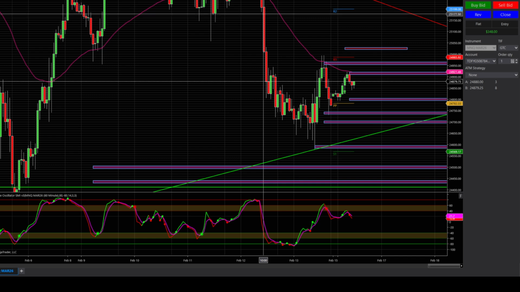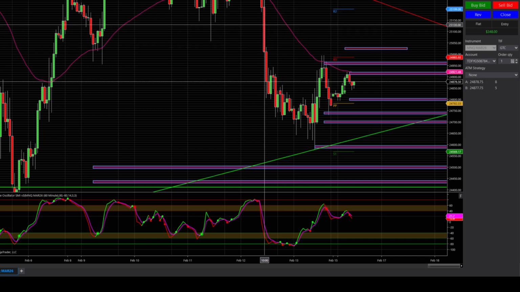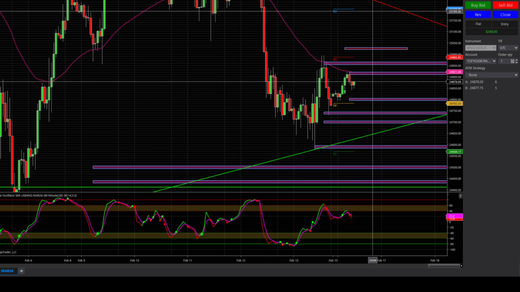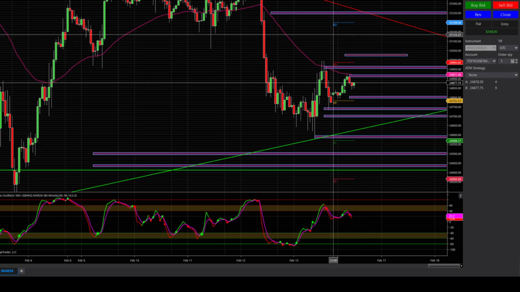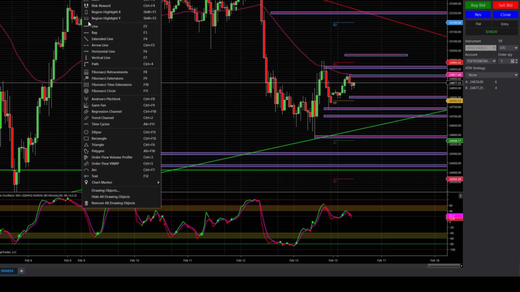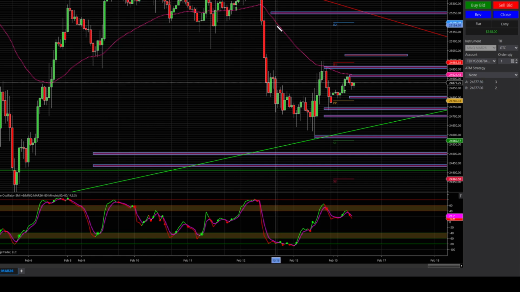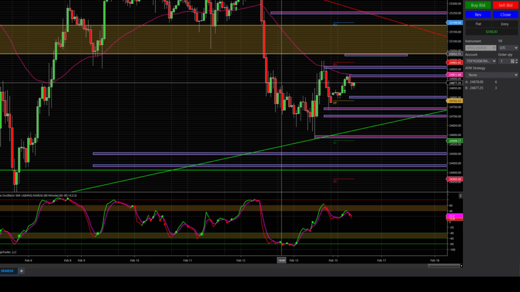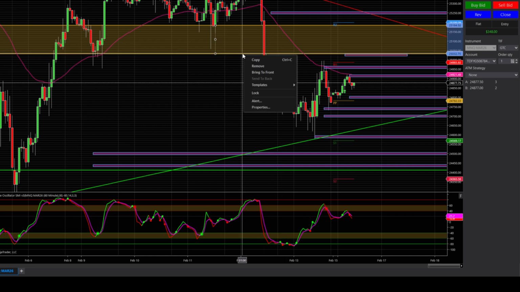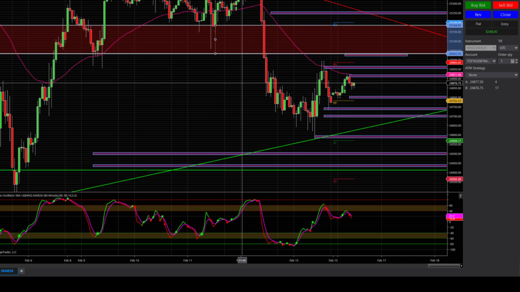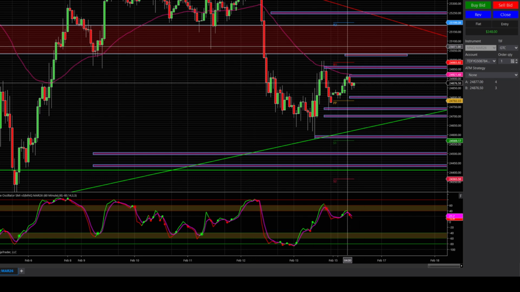You can see we have this big down candle right here, and that's what we'll be trying to eat up if we can get that move. Now, there is some imbalance right here that needs to be noted. That imbalance needs to be filled on the 1-hour.